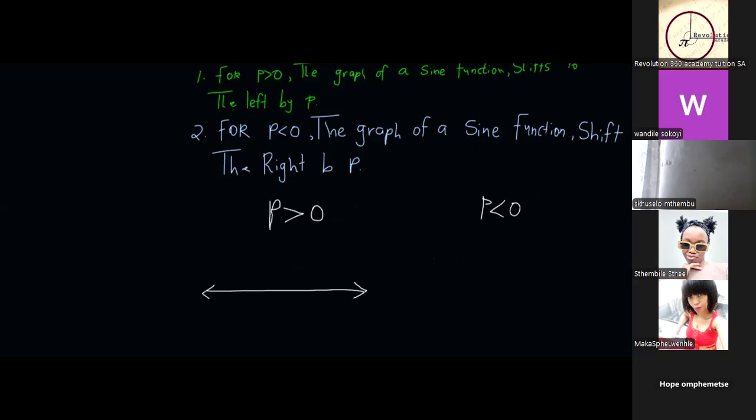So if this is our Cartesian plane, as well as this one. So let's say this is our Cartesian plane. We are taking it from the original curve of y = sin x. So you now have an understanding that the sine function is going to be like this.